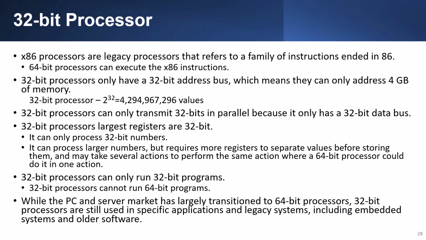It can process larger numbers, but it requires more registers to separate values before storing them, and may take several actions to perform the same action, where a 64-bit processor can do it in one action.